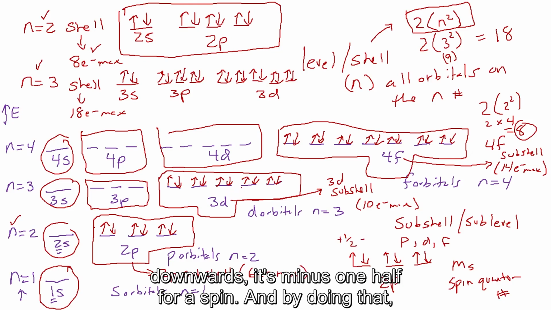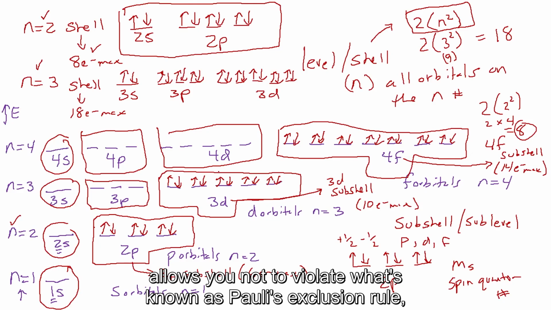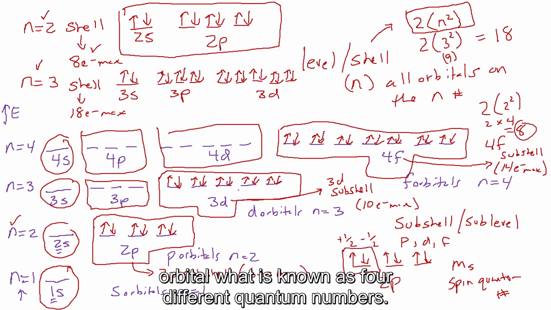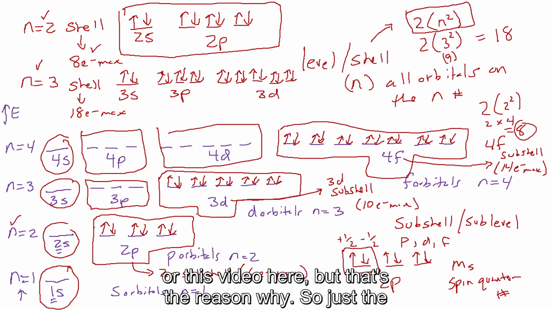And when it's pointing downwards, it's minus 1/2 for the spin. By doing that, where they're spinning in opposite directions, that allows you not to violate Pauli's exclusion rule. And that will give each of those electrons within a single orbital 4 different quantum numbers. Probably outside the scope for a lot of you watching this class or this video here. But that's the reason why.